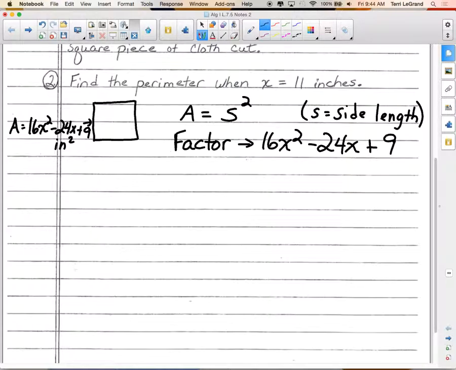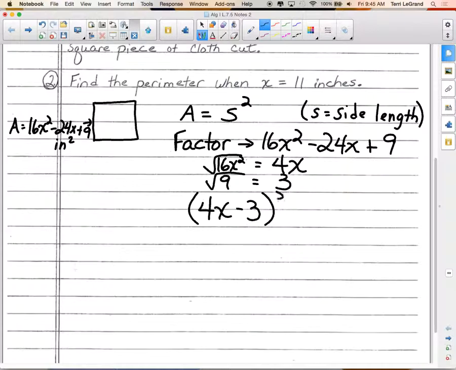We don't need A, B, and C because we've already determined that, so all we have to do is take the square root of the first term, the square root of the last term, and you already said it has to have subtraction in the binomial because it's a negative b term, so its factor name would be what?